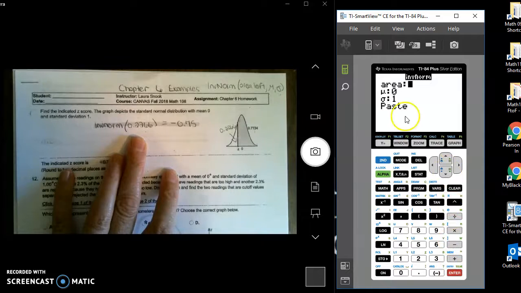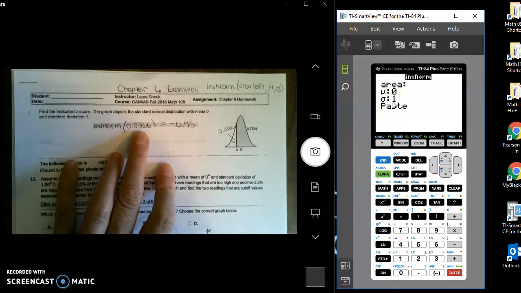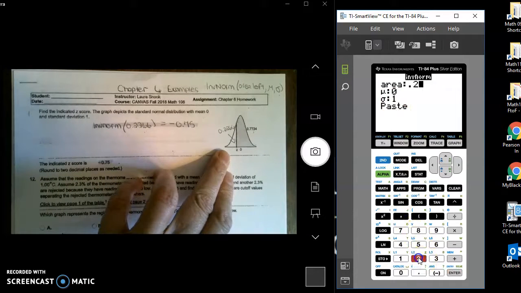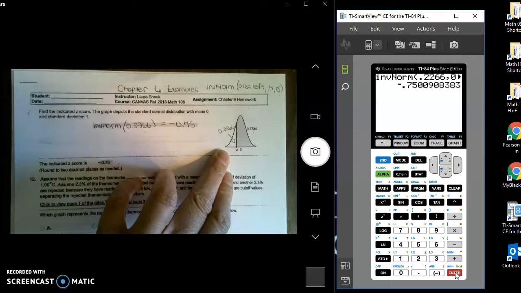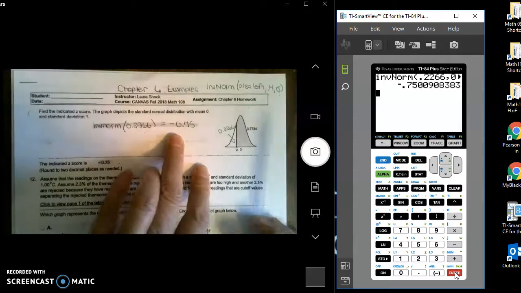This is a newer calculator, so it defaults to 0, 1, but some of the older calculators default to that if you don't put that in. So I'm going to put 0.2266, that's the area to the left, and then 0,1. And I get negative 0.75. Okay, so there's that example.